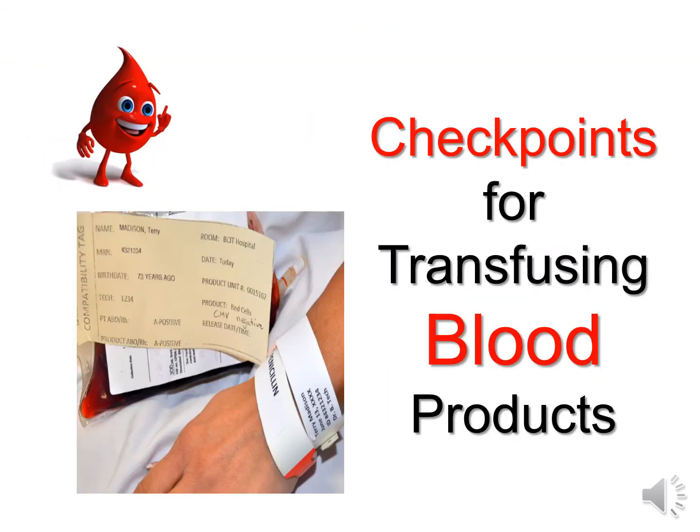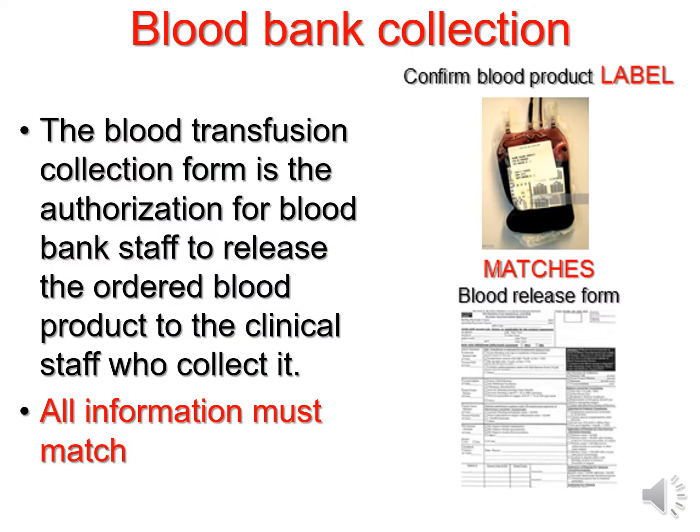Now, important checkpoints for transfusing blood and blood products are as follows. When you go to the transfusion unit or the blood bank for collection, the blood transfusion collection form, which all organisations would have, is the authorisation for the blood bank staff or transfusion services unit to release the ordered blood product to the clinical staff who collect it.